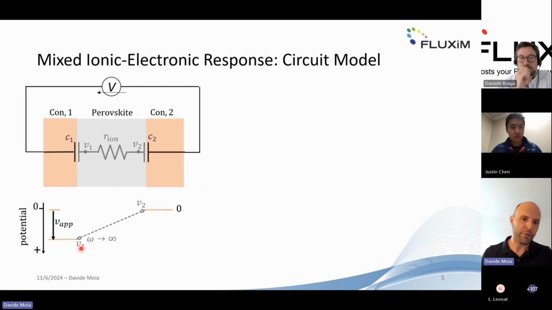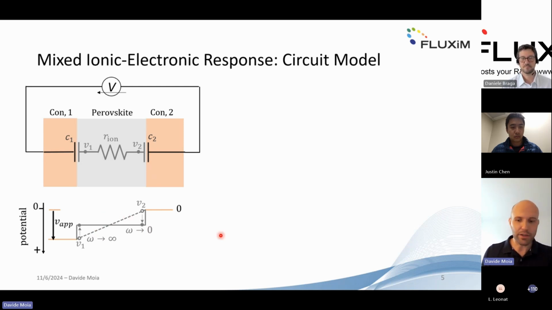As I said before, if we stimulate this device at fast frequencies, we expect that ions are not able to respond, and so we expect a linear change in the electrostatic potential in the sample with a constant electric field. While if we have a perturbation that is low enough, then we would see a reduction in such electric field due to the redistribution of the mobile ions.